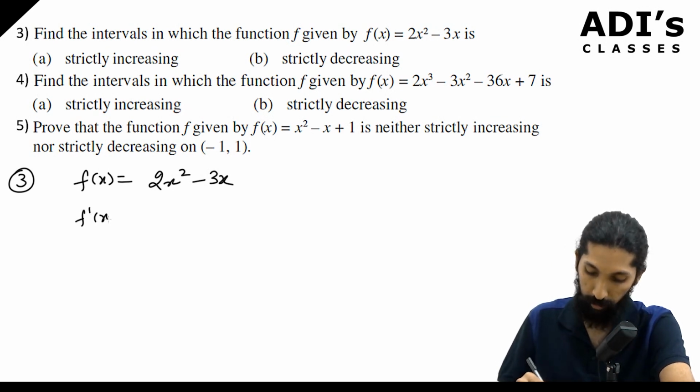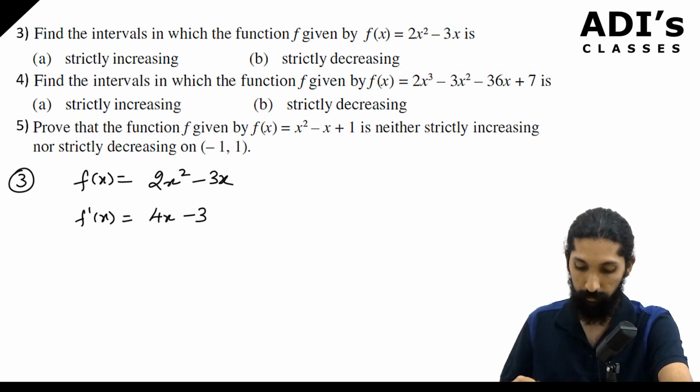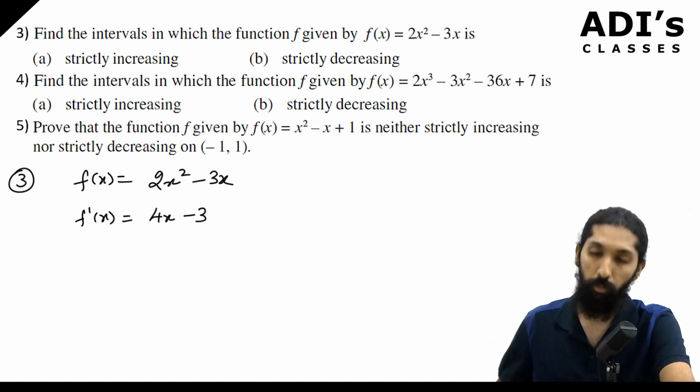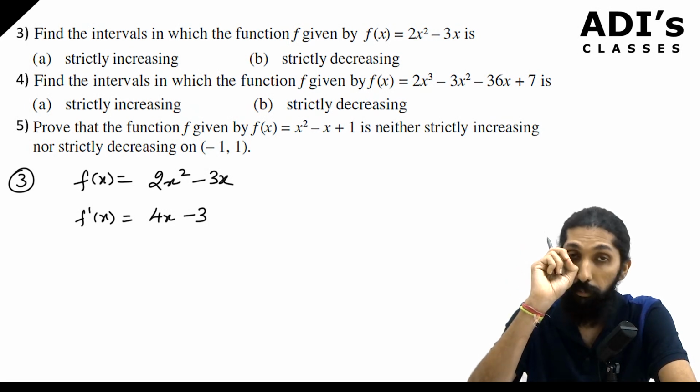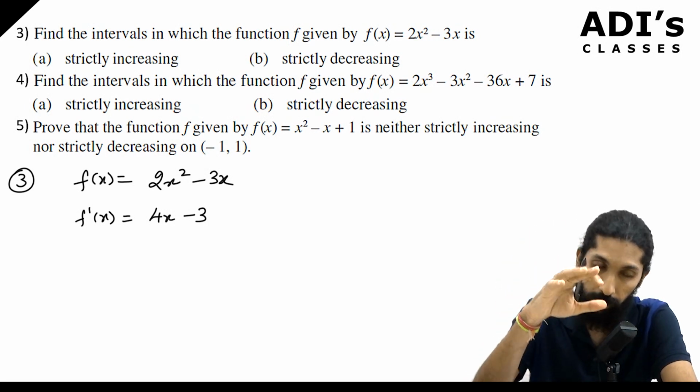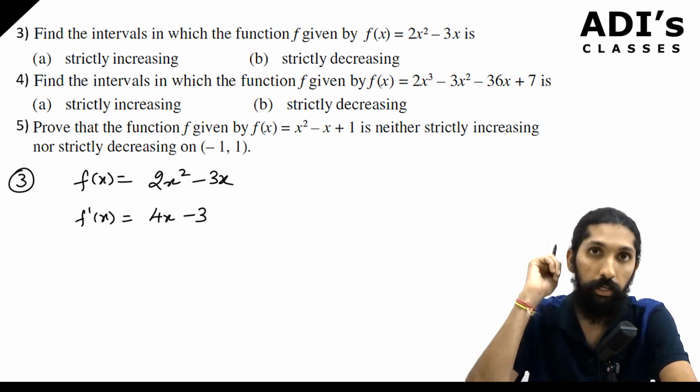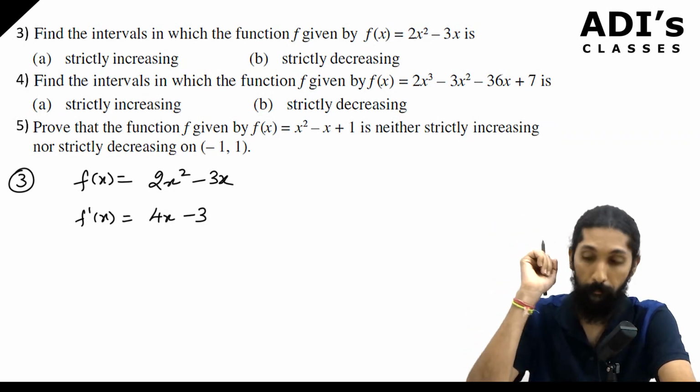Differentiate. When you differentiate, f dash of x becomes minus 9 minus 2x, right? Equate this to 0. So when you equate it to 0, you'll get 2x plus 9 is equal to 0. x is equal to minus 9 by 2.